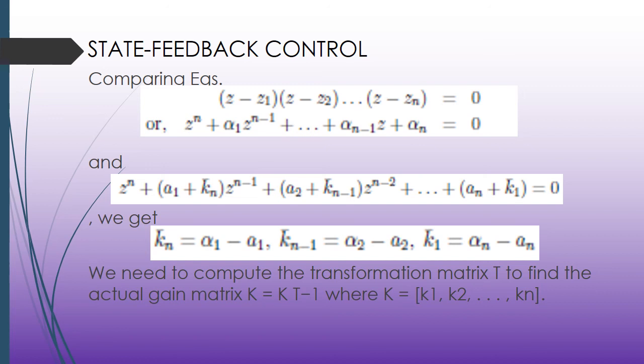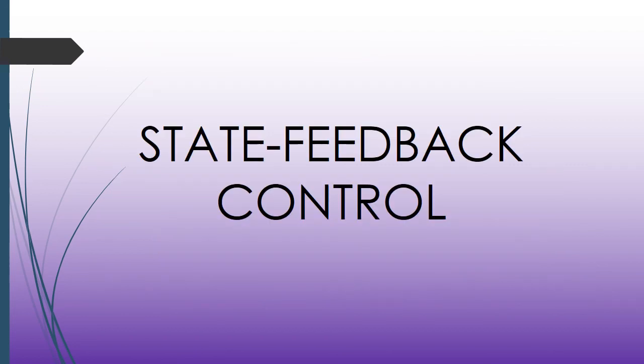We need to compute the transformation matrix T to find the actual gain matrix. K is equal to K̂T^{-1}, where K̂ is equal to k_1, k_2, and so on until you reach k_n. So that is the state feedback control design.